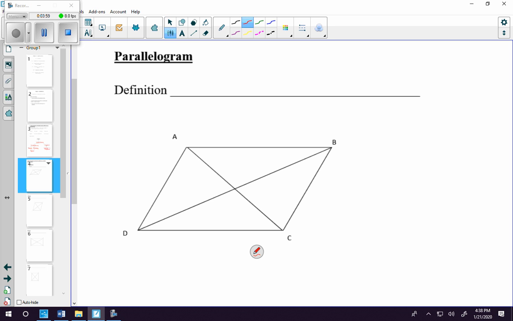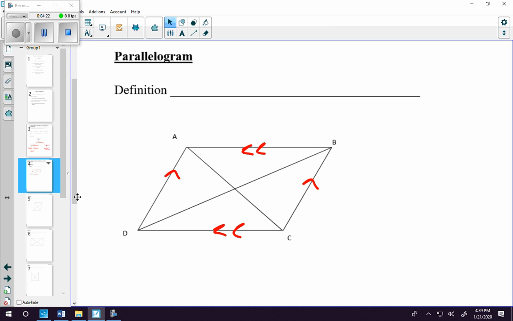And this is what it would look like in terms of markings, based upon the definition that I just gave. AB and DC being parallel would be one pair of opposite sides parallel. And then we actually have segment AD parallel to segment BC, which would be the second pair of opposite sides parallel. Hence the definition of parallelogram.